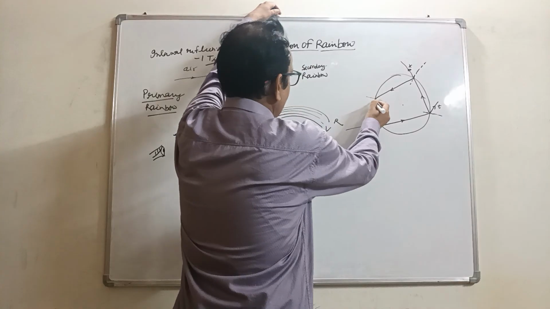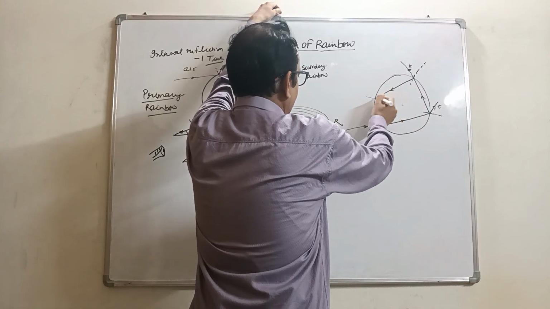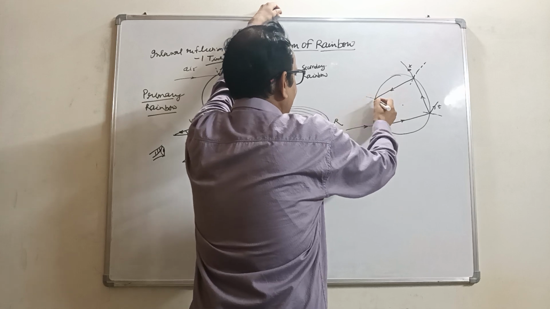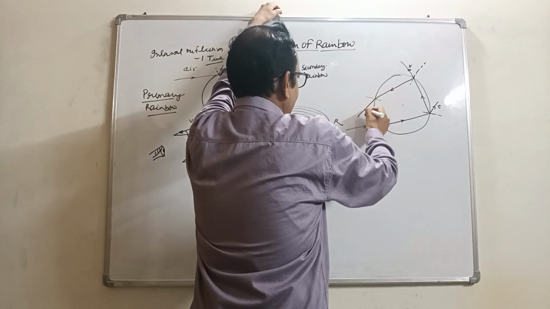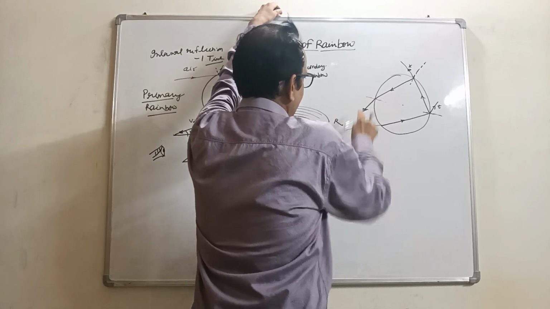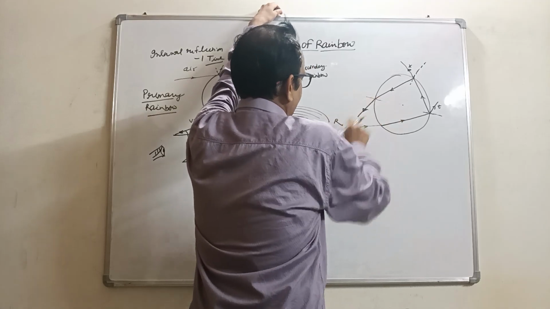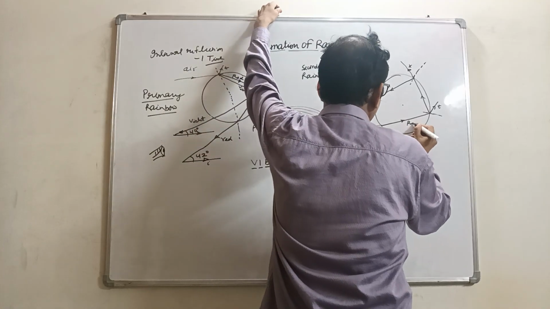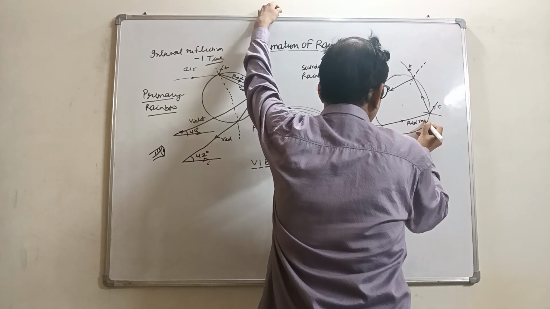So after light rays come from the denser medium, this is the denser medium, this is the rarer medium, they deflect away from the normal. This is the normal, this is the normal, deflecting away from the normal, and this is the red ray.